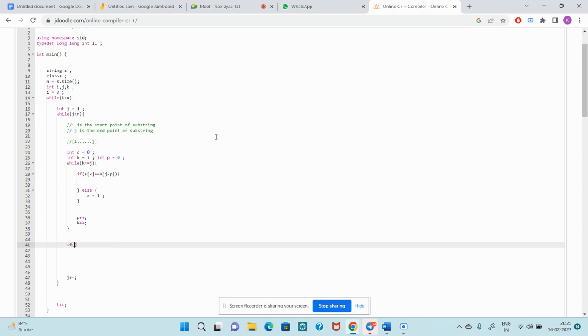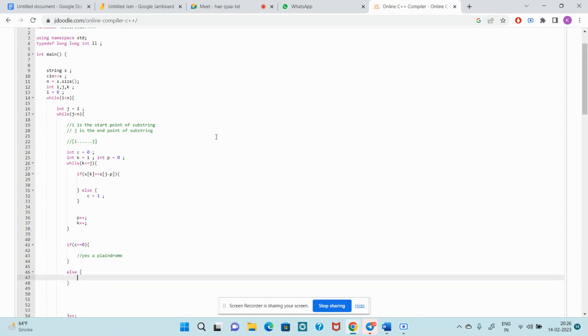Okay. So if c is equal to 0, it means yes, it is a palindrome. If it is not, then not a palindrome.